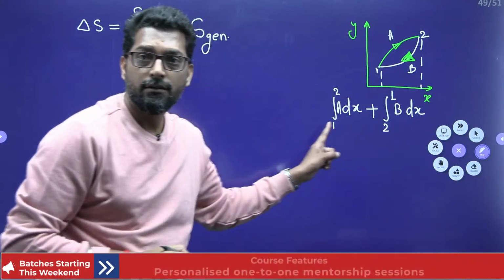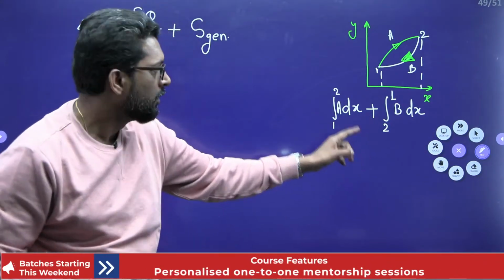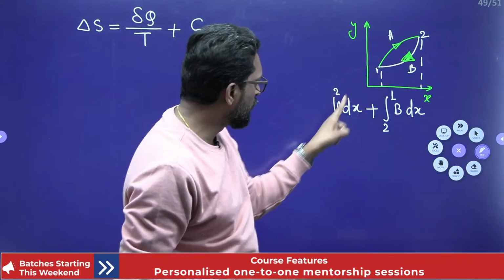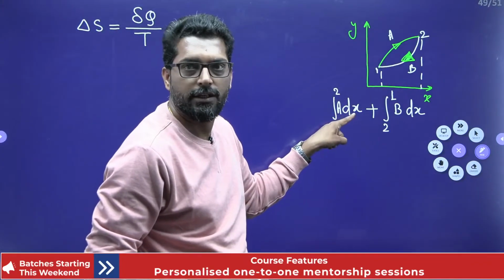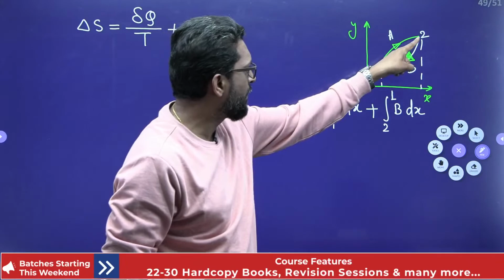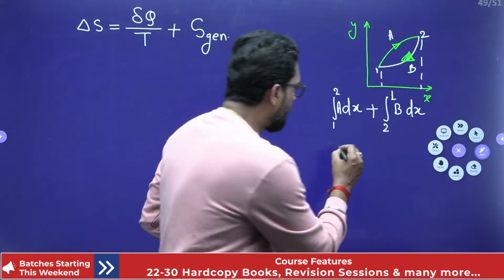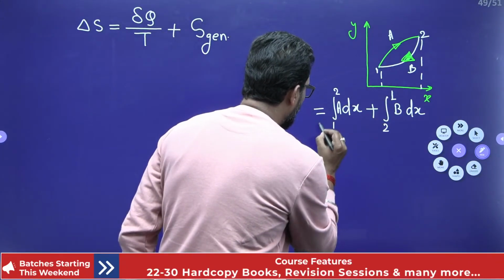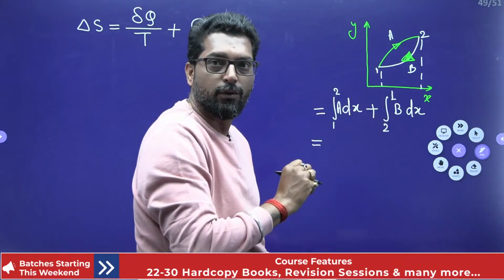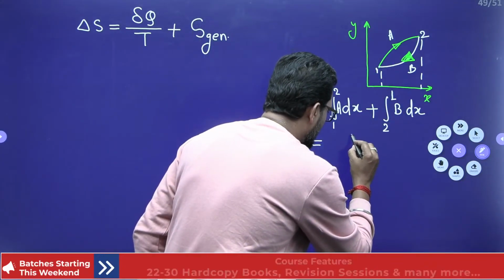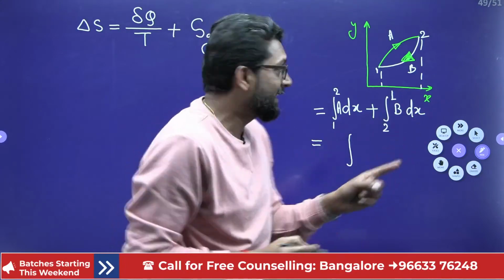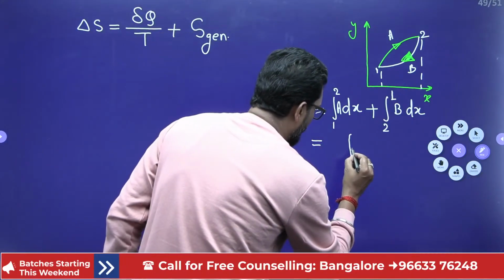It is right. If you integrate path 1 to 2 dx, if you integrate path 2 to 1 dx. Now, if you combine this one, so this combination, how can you write?